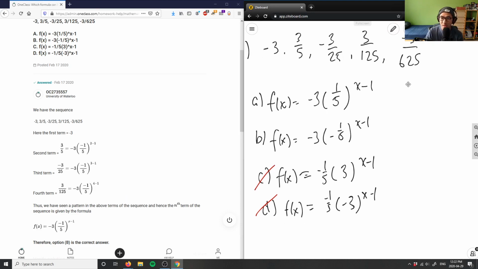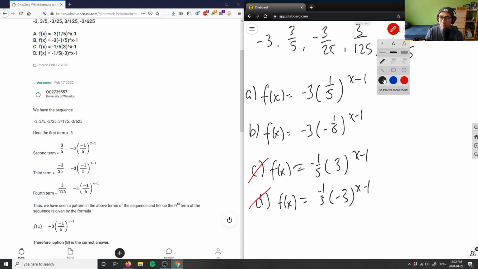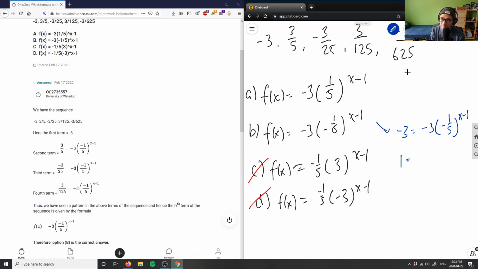So let me just check A and B here actually for my sake, just to make sure we got the correct answer. I'll sub in for B first and see what they're doing here. So B here, I have negative 3 equals negative 3 times negative 1 over 5 to the x minus 1. What we can do is divide both sides by negative 3 to get 1 equals negative 1 over 5 to the x minus 1.